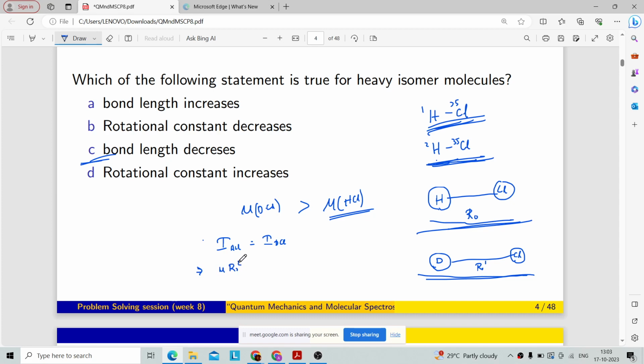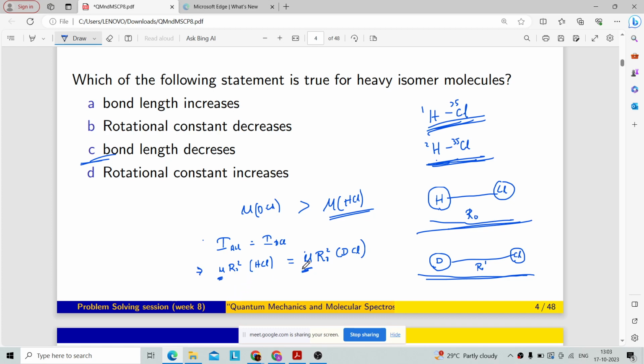Mu R naught square for HCl will be equal to mu R naught square for DCl, right? Now we know the reduced mass for DCl is more than the reduced mass for HCl.